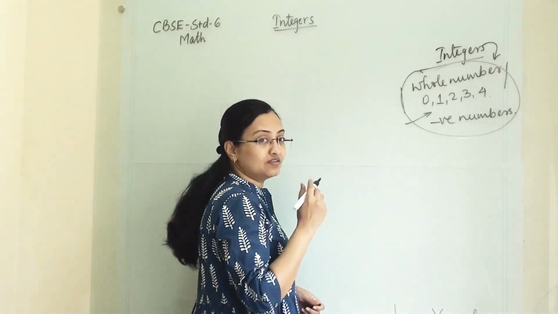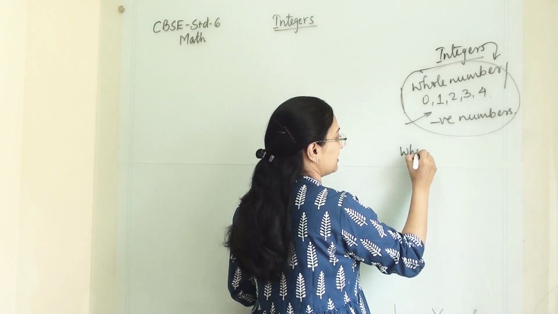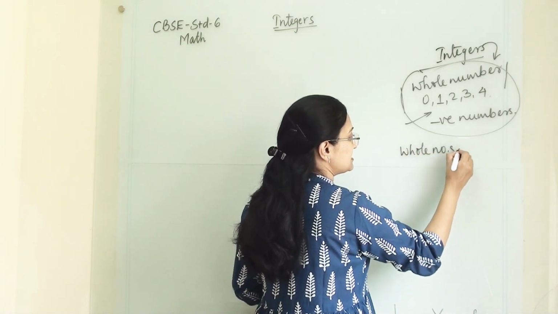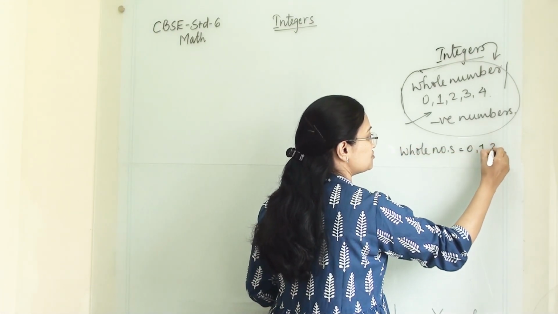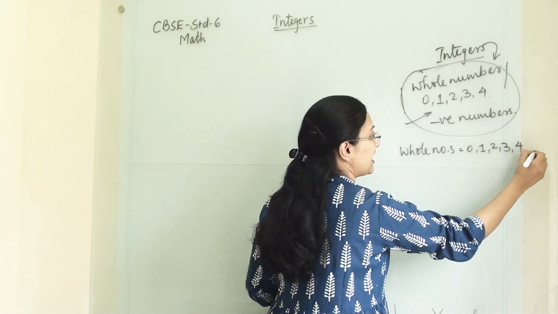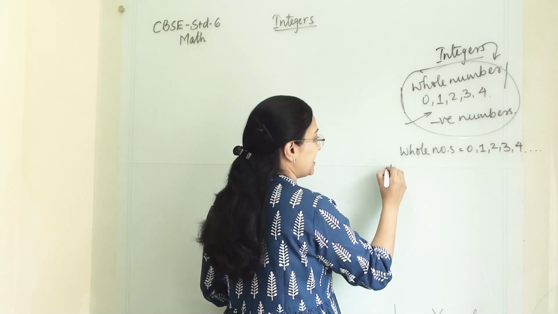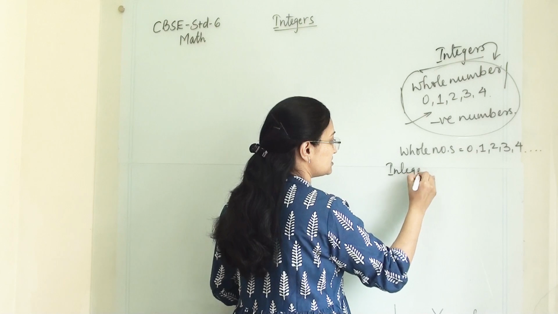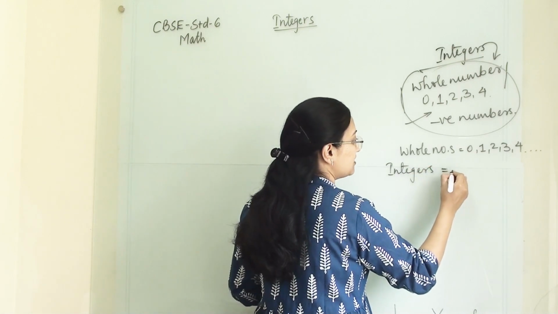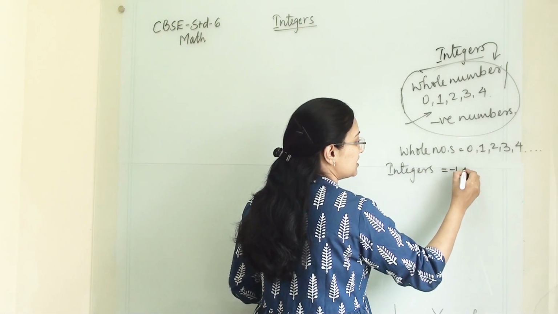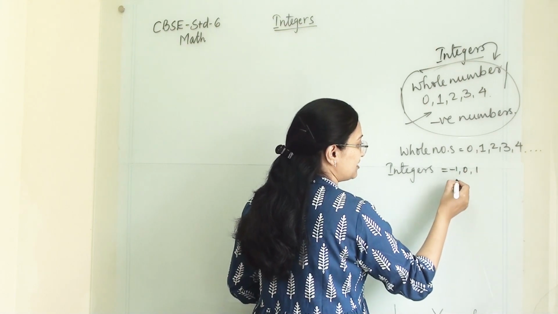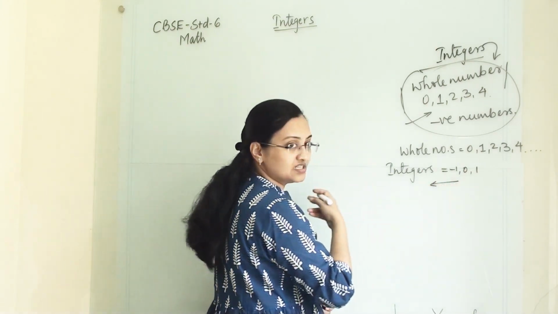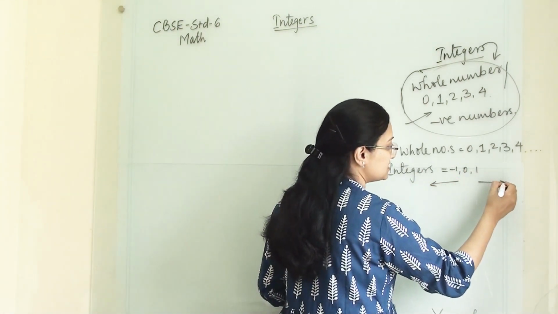So what are the whole numbers? Again, whole numbers are 0, 1, 2, 3, 4 and so on, whereas integers are ..., -1, 0 and 1, ... That means from -1 till infinity and 1 till infinity.